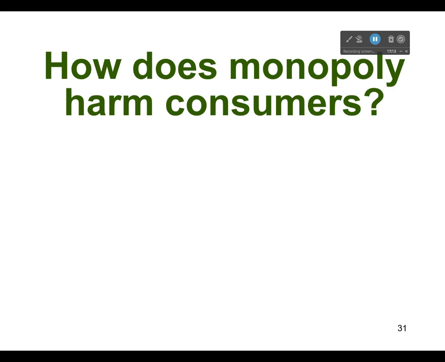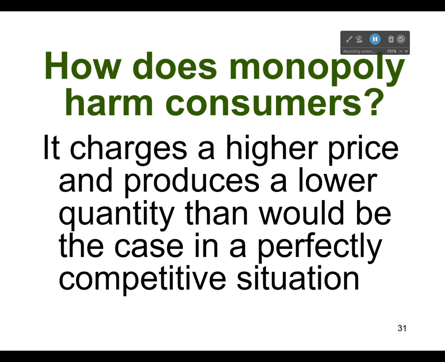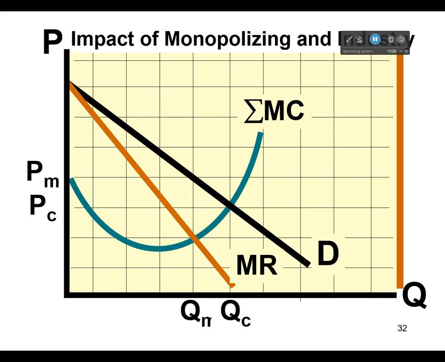How does monopoly harm consumers? It does so by charging a higher price than a competitive market would charge. It produces a lower quantity of output than under a perfectly competitive situation. Long-run average total costs are higher under a monopolist.